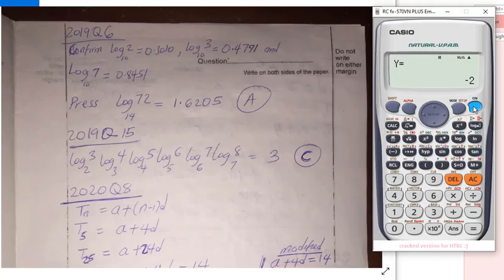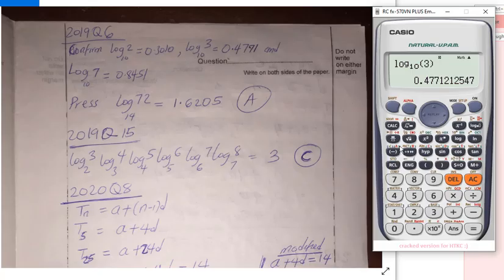Confirm them on the calculator, come back to computer mode, press shift mode and 1. If you press log 2 base 10, you will see that you get 0.3010, or you might even decide to use log 10 base 3, and you will see you get 0.4771. So once you see that they are all the same, like once you press log 2 base 10, it gives me 0.3010, that's what is on the calculator.